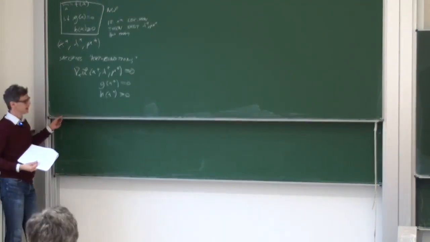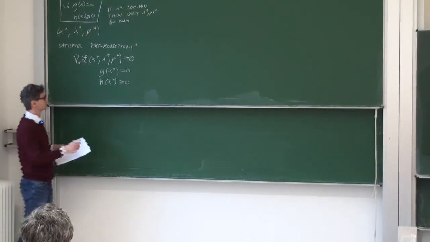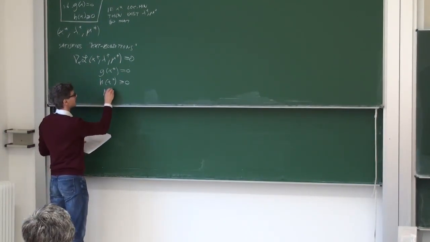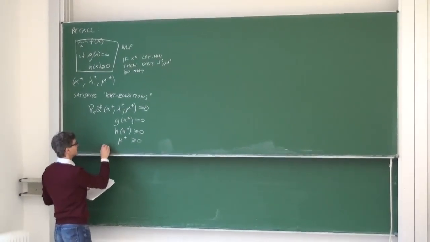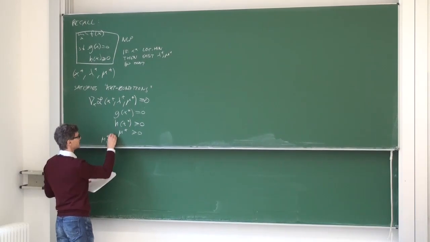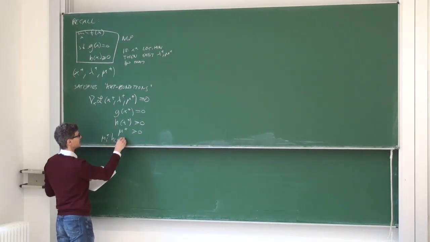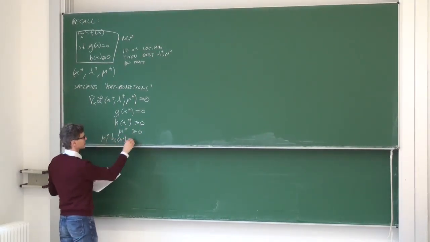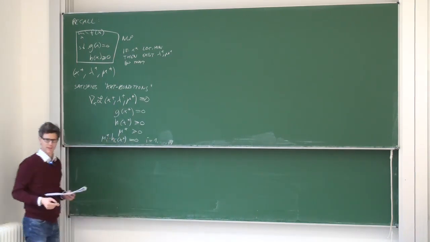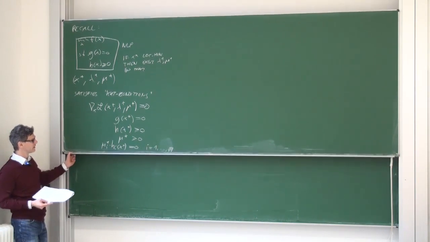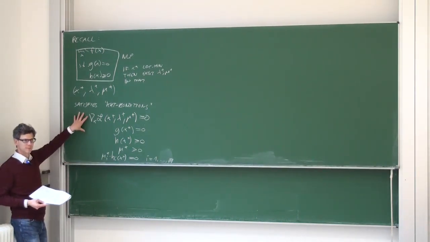But then there were two more conditions on the multipliers for the inequalities, namely that mu star should be positive and that mu star for each index multiplied with the corresponding index of h should be equal to 0 for i from 1 up to q. So that was the KKT conditions that we have proven. Do you remember them?